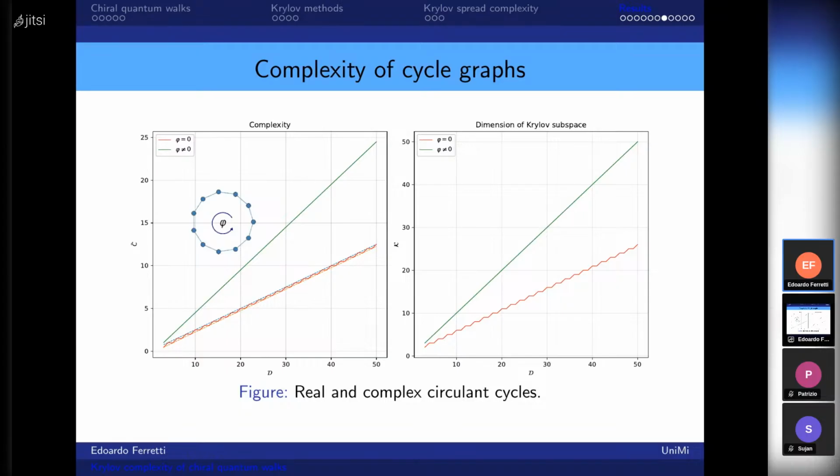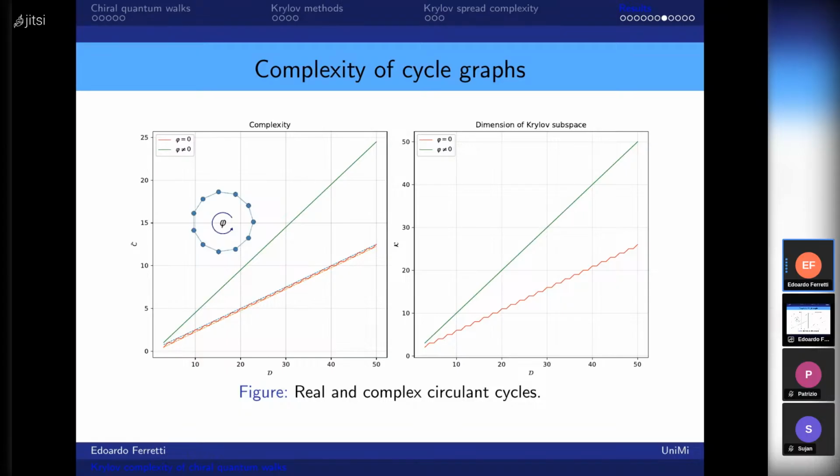Maybe one thing about this particular case: you use the same phase for all the edges, yes. But what if you add phases on the edges one by one? Thank you for your question.